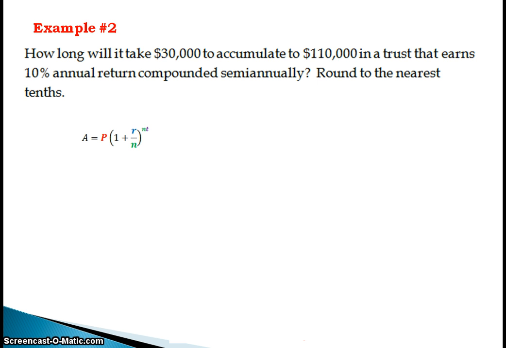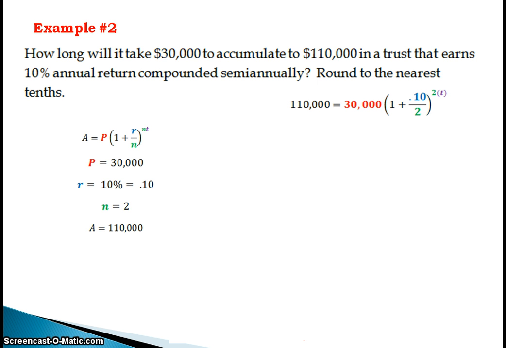So okay, here's our formula for compound interest, and in this case we are given P, we are given R, we are given the number of times this compounding happens, semi-annually, so that's twice a year, and we are given A, the final amount we're going to end up with. What we're being asked to find is the time, T.